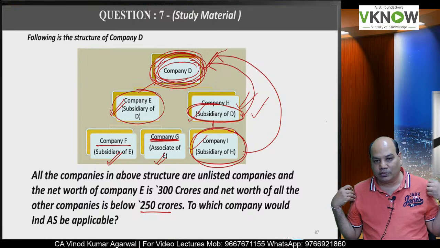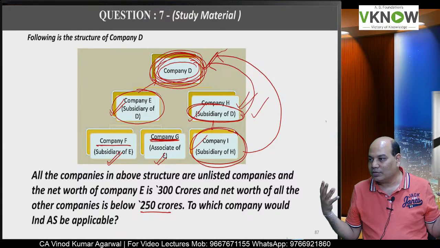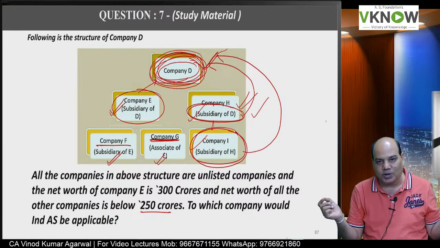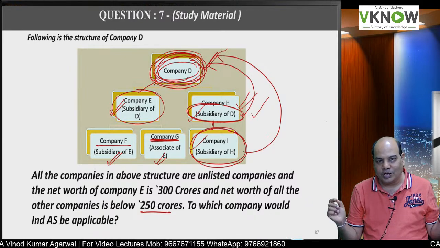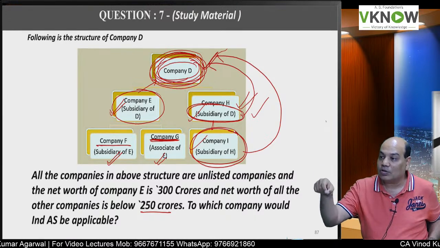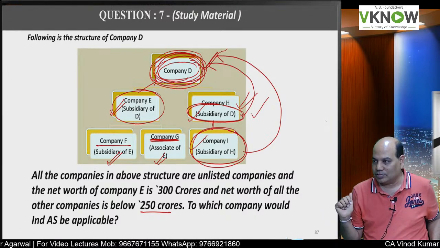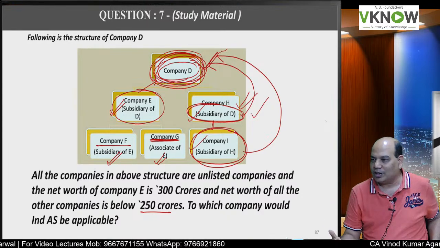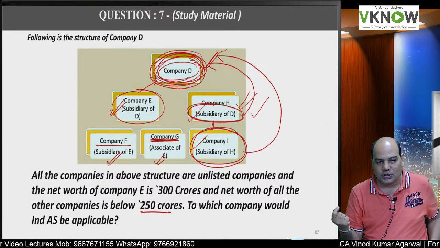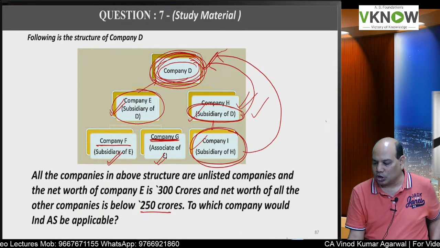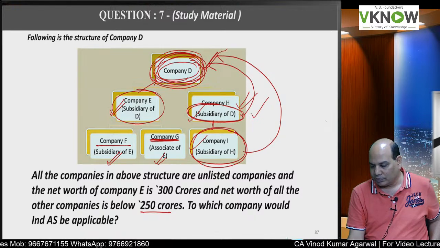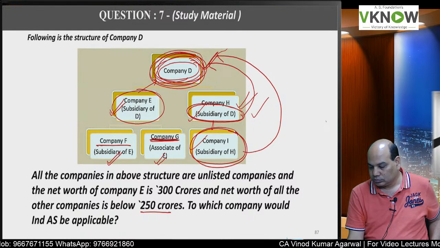The reason being, they won't have to prepare 2 sets of financial statements, but legally speaking, H and I are not mandatorily required to follow Ind AS. But practically, they will have to prepare financial statements based on Ind AS because it will be consolidated with company D. Is it right?